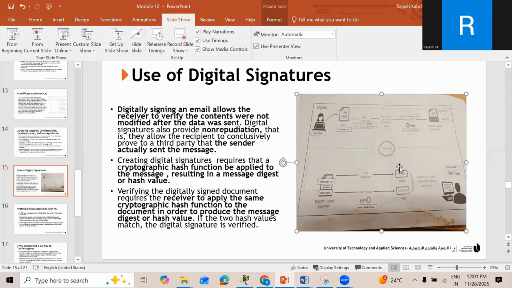The message is again sent through the hash algorithm to generate a hash, and the digital signature is decrypted to get a hash. If both hashes match, the communication is secure, the actual user is sending, non-repudiation is done, and nobody changed the data. All those things are verified by using a digital signature. This picture is enough. The same thing I read here.